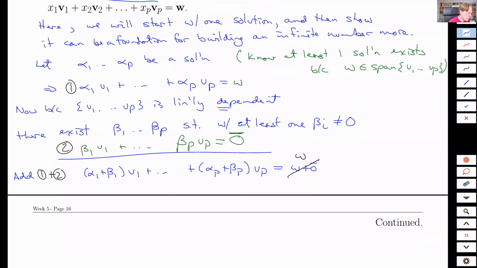Oh, well, that means we have a new solution. That means alpha 1 plus beta 1, all the way out to alpha p plus beta p, is also a solution.